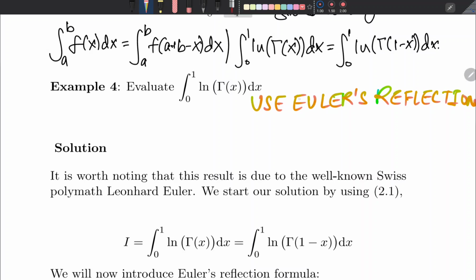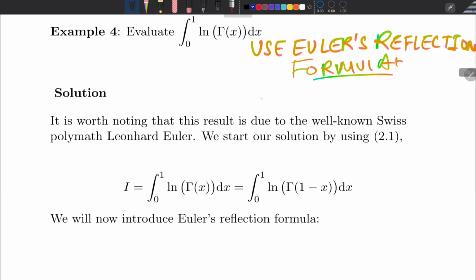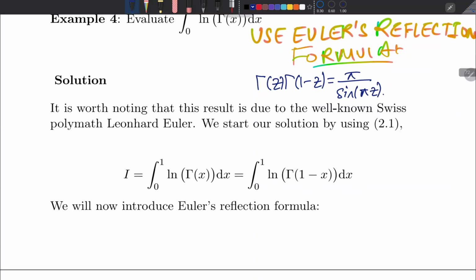I have proved this, so you can watch my proof, because that's amazing. So basically Euler's reflection formula states that gamma of z times gamma of 1 minus z equals pi over sine pi z, right?